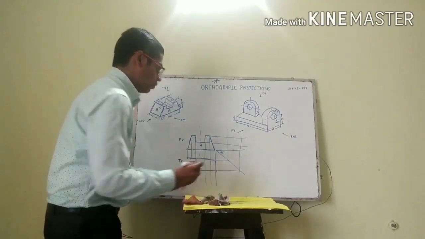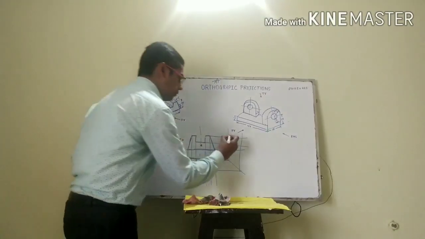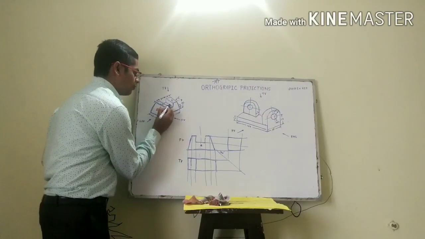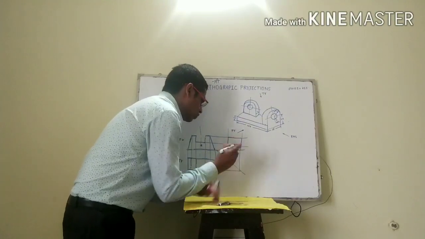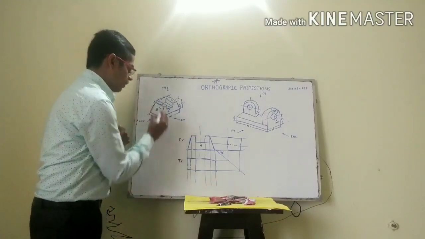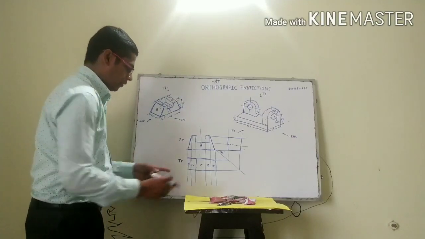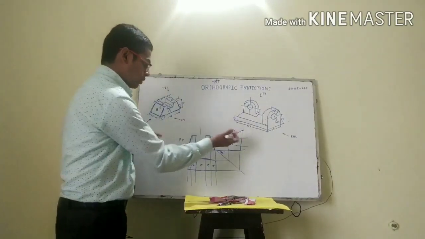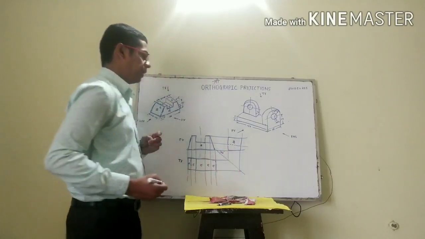If you see from the left side, the surface called B is visible, and this edge will be dotted, so I will draw only that dotted edge. If you observe, this is C, C, C, C and C, where the first C and the last C are nothing but the surface called B, and if you see from the left side view, this is our B.